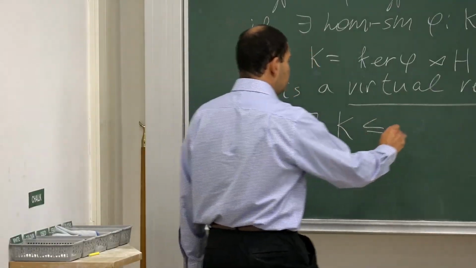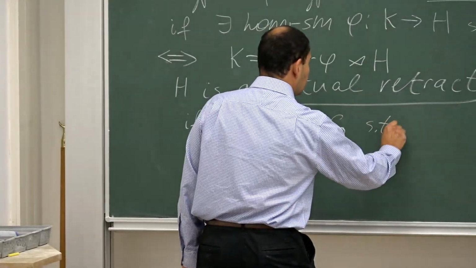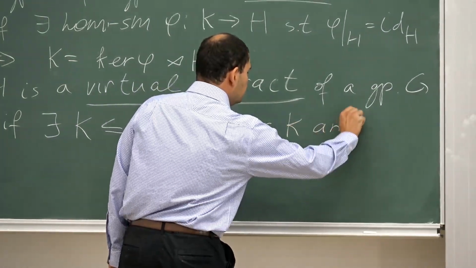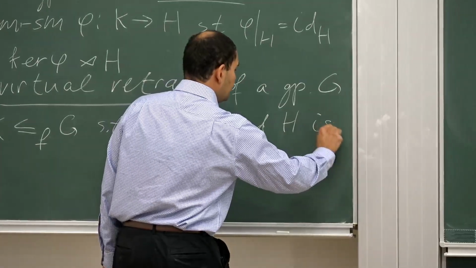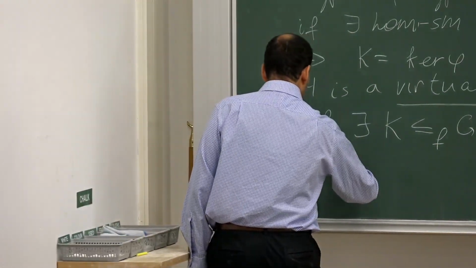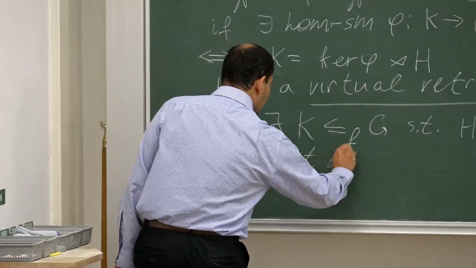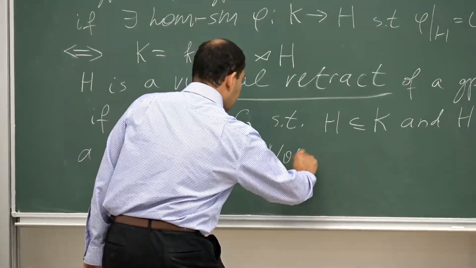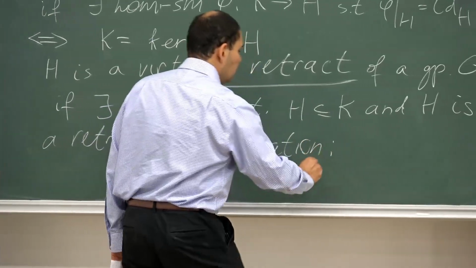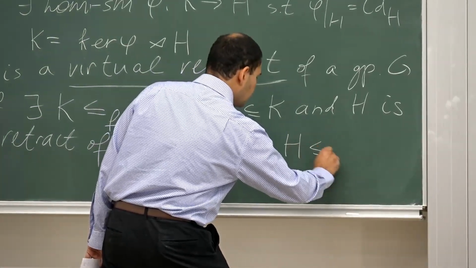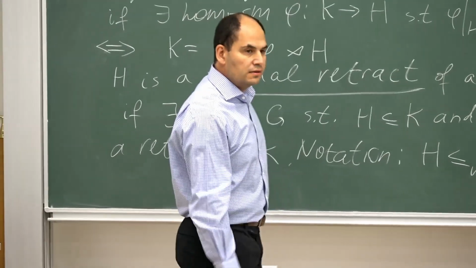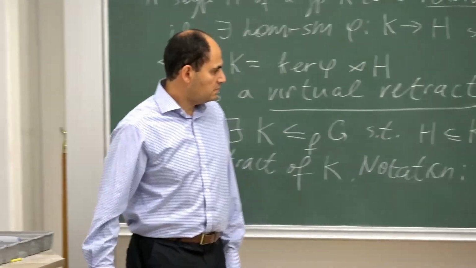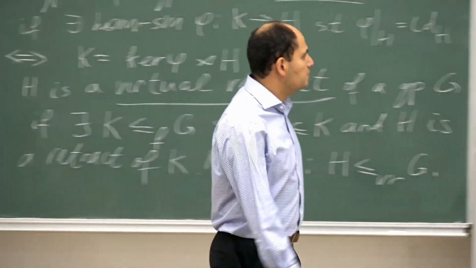So there is a finite index subgroup K in G, such that H is contained in K, and H is a retract of K. And the notation, perhaps I will use it, I put VR as a subscript. Okay, so far so good.